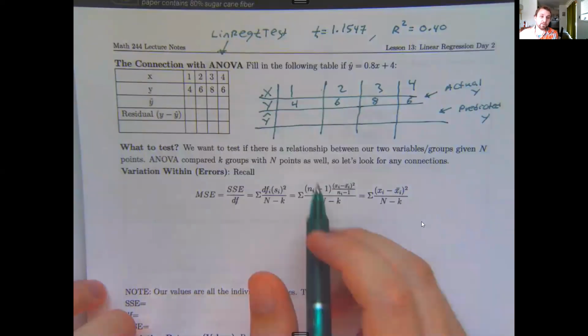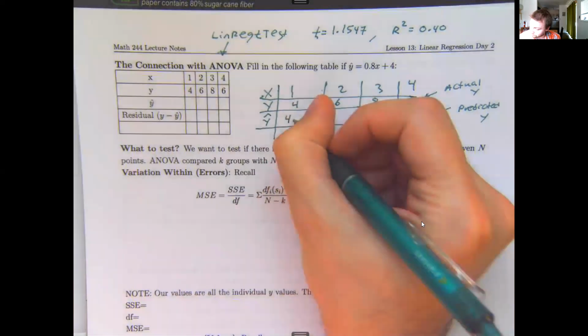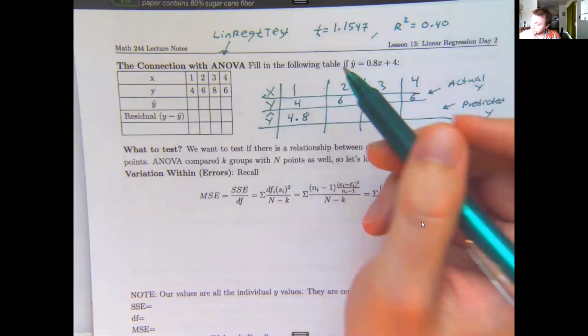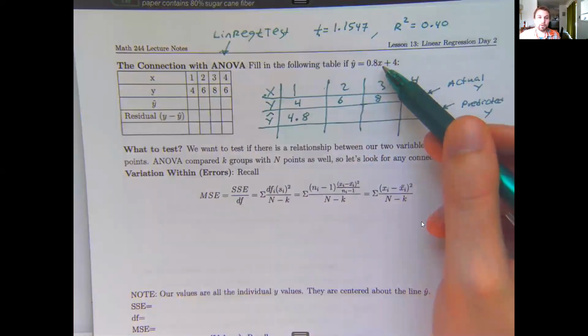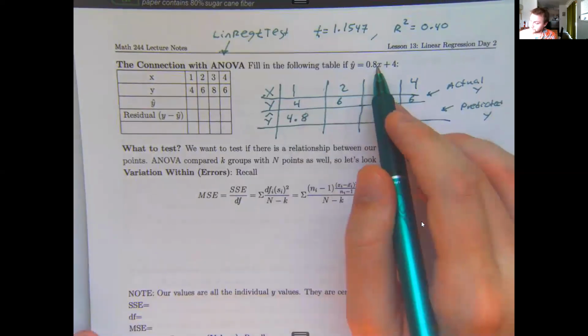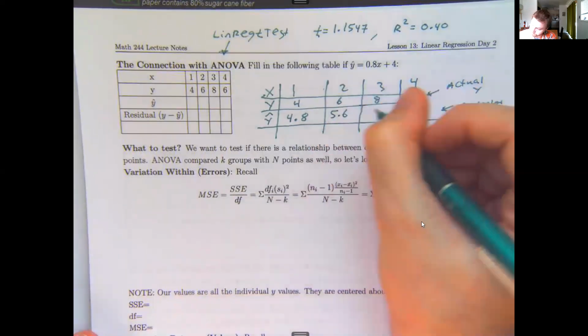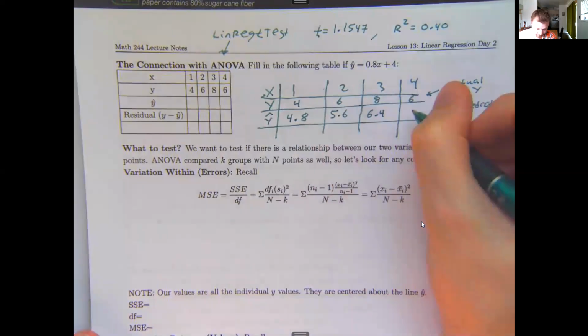So plugging these x values into my line, I get the following y values for this next part of my grid. I'm going to type these into a calculator, and I'll see what I get. So it looks like I'm getting 4.8 when I plug 1 into this equation, which looks reasonable. 1 times 0.8 is 0.8. 0.8 plus 4 is 4.8. For 2, this would be 1.6 plus 4, so 5.6, and so on. And it gives me this.